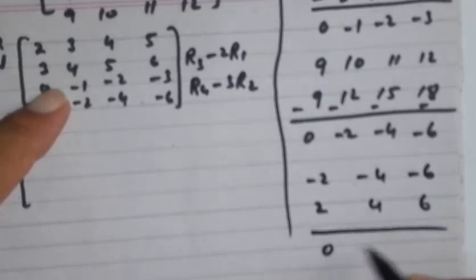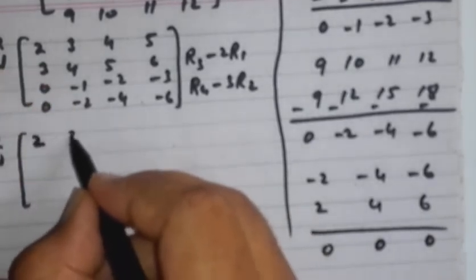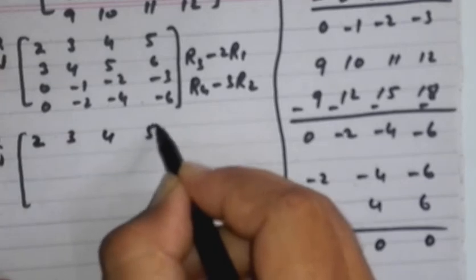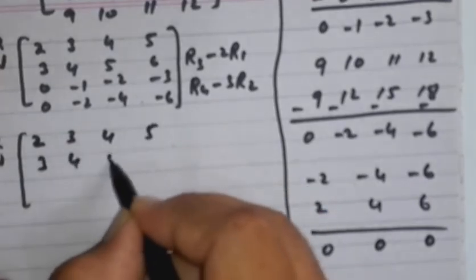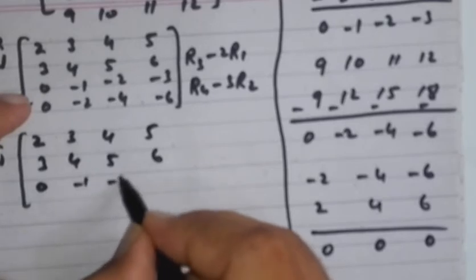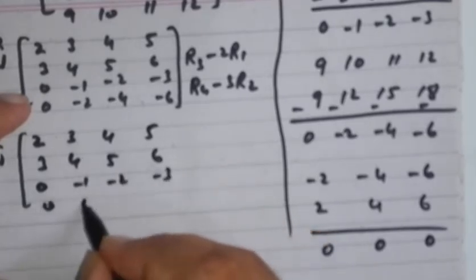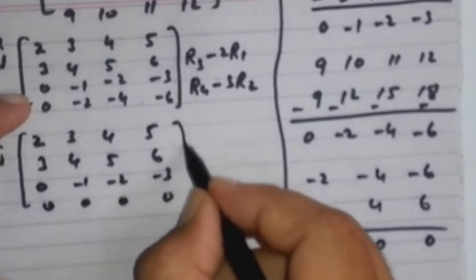Add these, 0 0 and 0. So we can write it: 2 3 4 5, 3 4 5 6, 0 -1 -2 -3, and here we get 0 0 0 and 0.